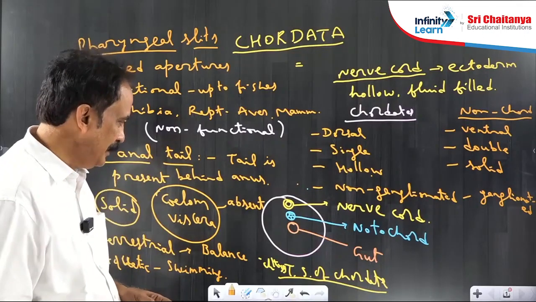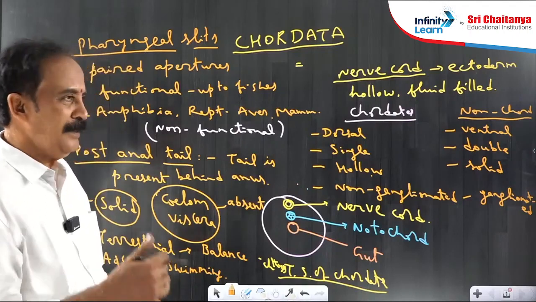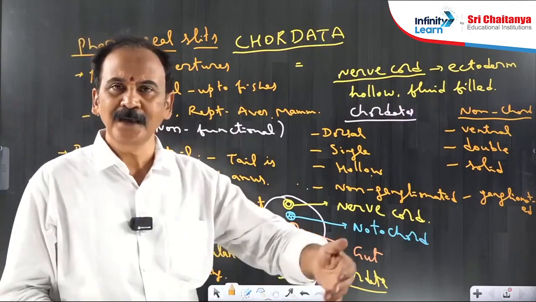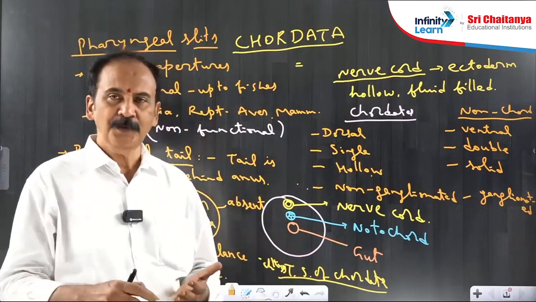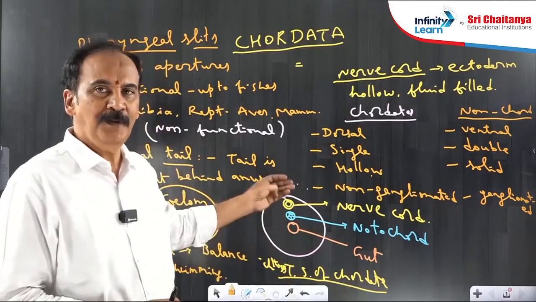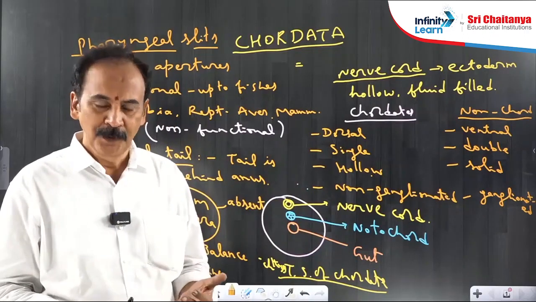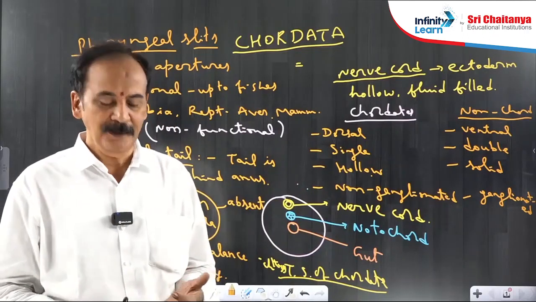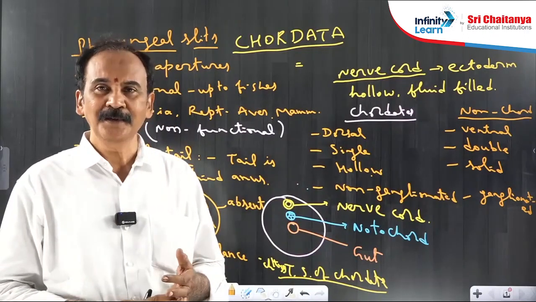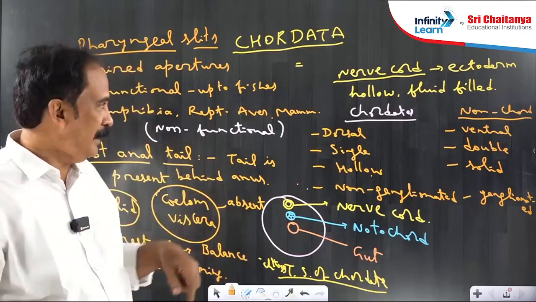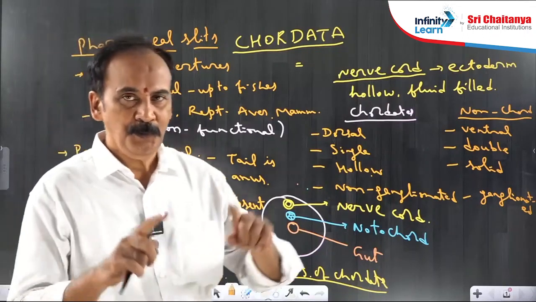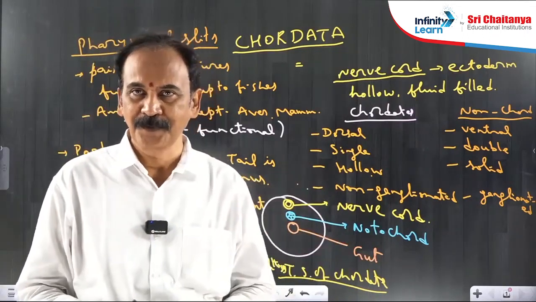Besides these characters, we also have other characters in general, like they are all triploblastic, right. They all are coelomates. Chordates are having coelom called enterocoelom. They are bilaterally symmetrical, they are metamerically segmented.